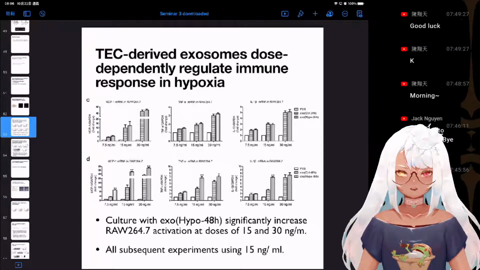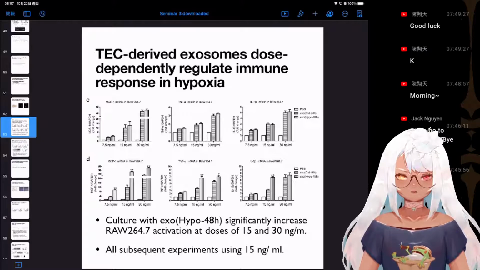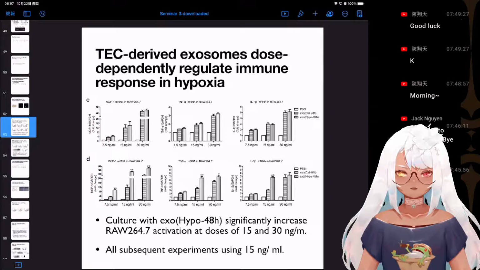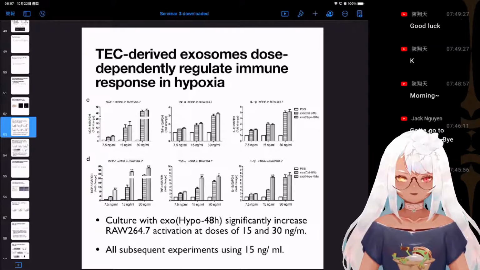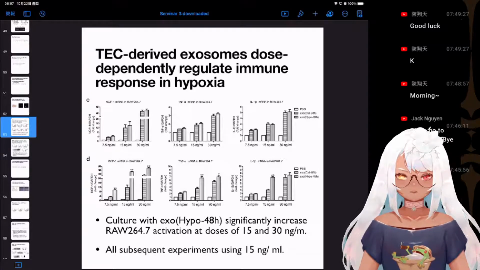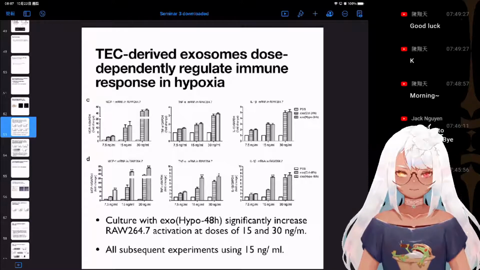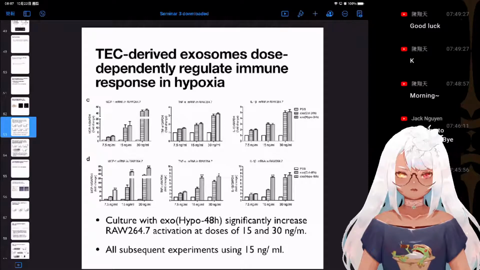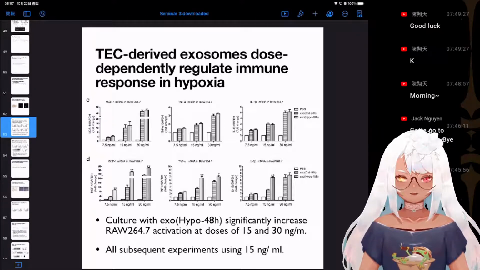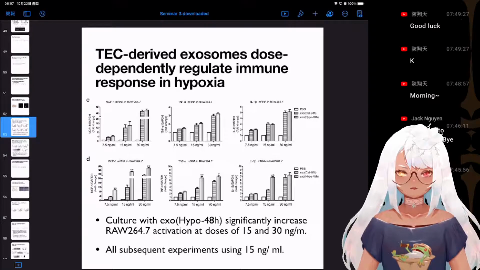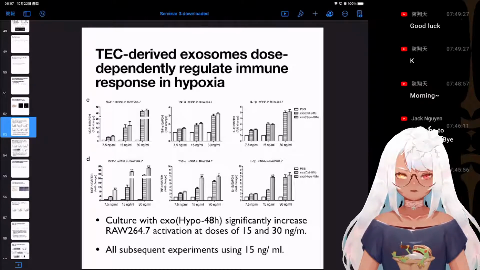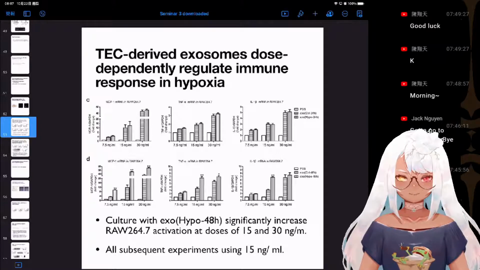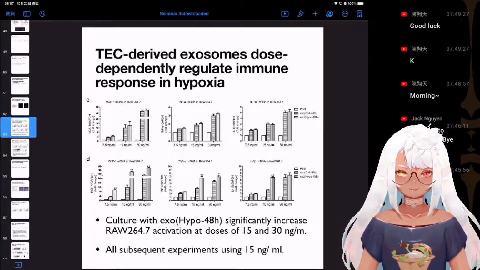In the 48 hours, we can also see that there is an increase when macrophage engulf these TEC derived exosome. However, unlike the 24-hour group, in the 48-hour group, the exosome from the hypoxia group can significantly increase these markers compared with the control group.